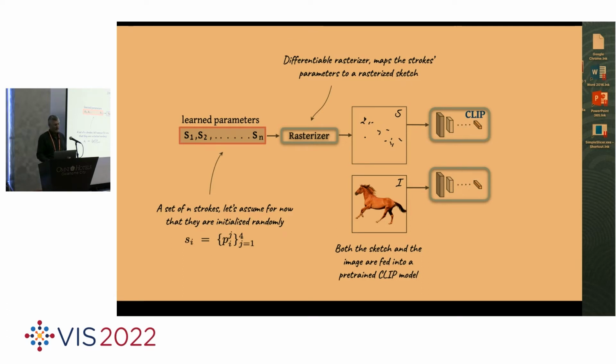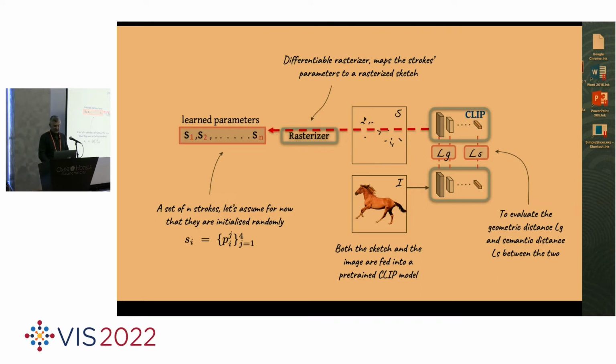We get a latent representation of both the sketch and the image. What we want is for the two to be very close in latent space. That's where we get the semantics from, right? Both the sketch and the image should be close to each other in the latent space.